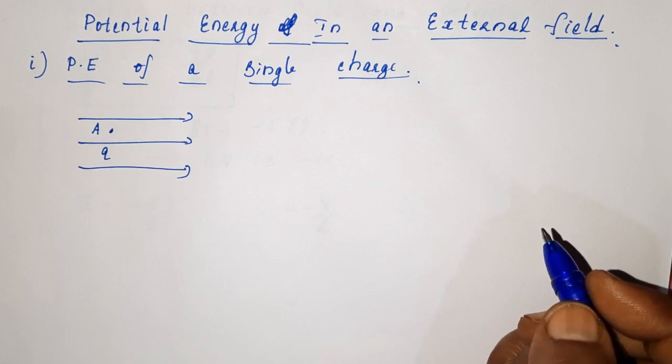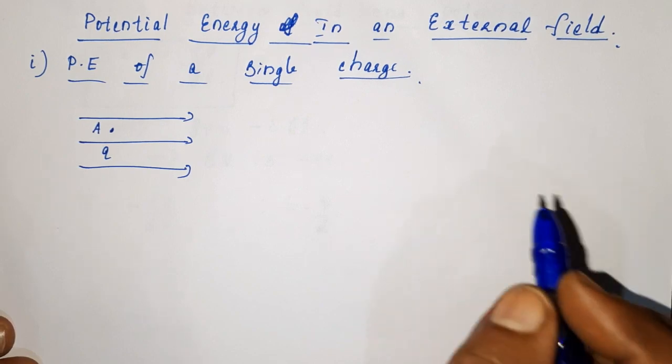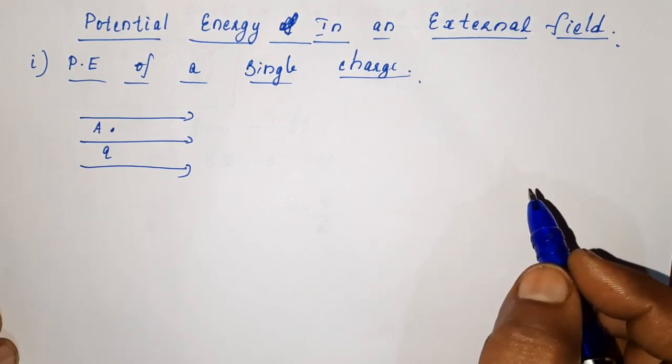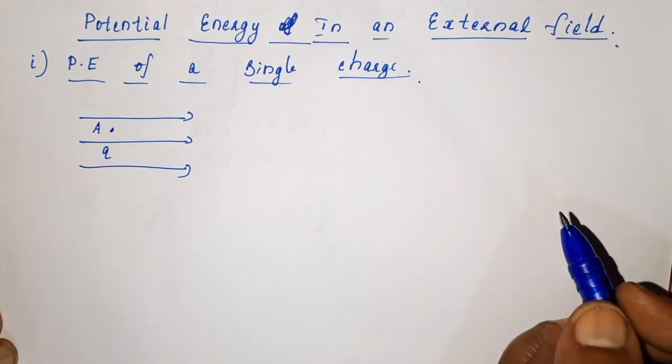What do you mean by that? If there is an electric field, at different points we can say different potentials are there. That's what the equation E is equal to minus delta V by delta L also shows.